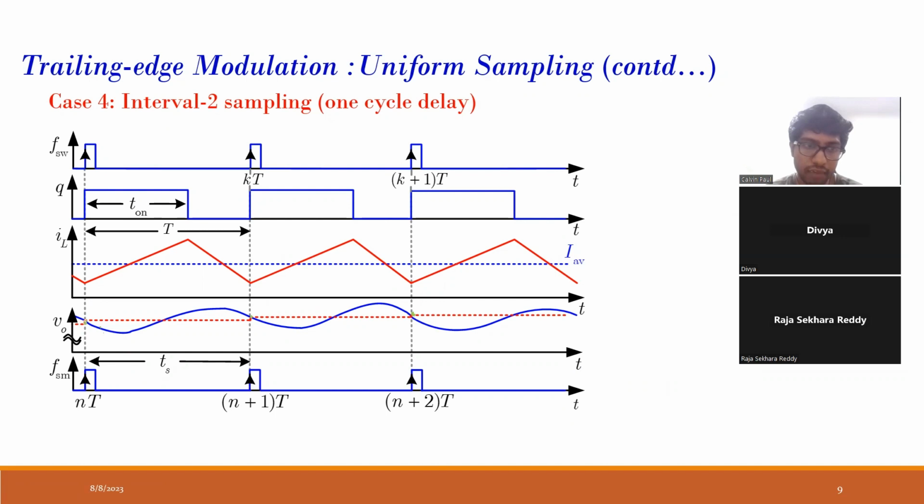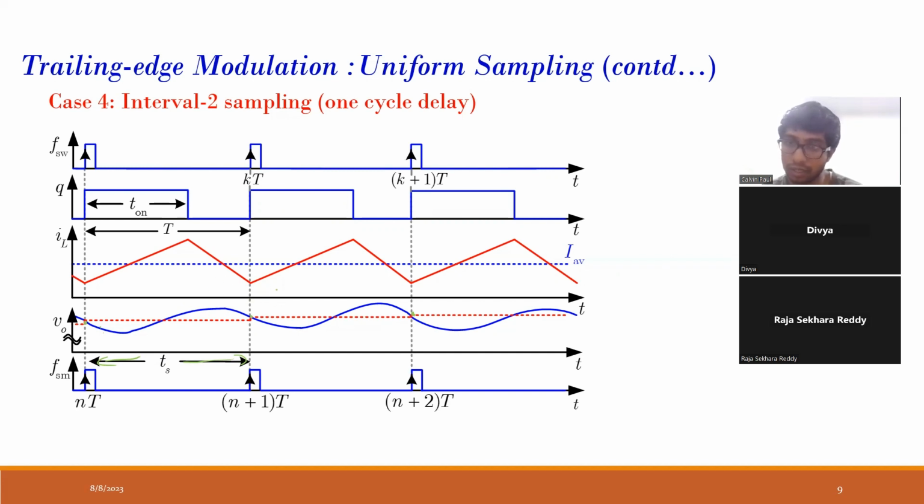So I am taking the sample value over here, but I am going to use it after this delay of TS. Only after this delay will I use that sample value. That is why it is known as a one cycle delay. Now, in these graphs, we have not shown the output of the controller.